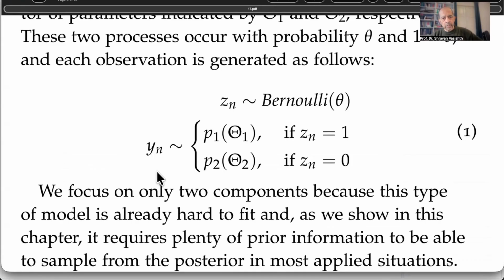And what's happening is that this response time is either coming from a distribution of probability, a likelihood, let's call it P1 with some parameters theta 1, or it's coming from another likelihood function with parameters theta 2, right?